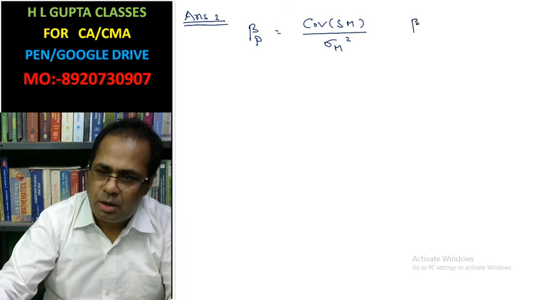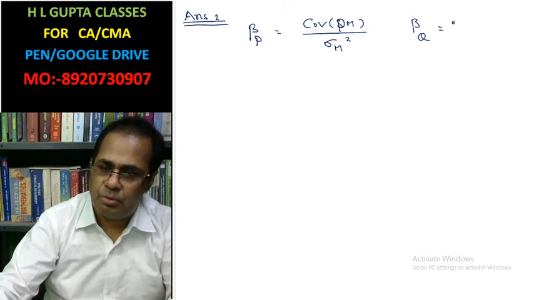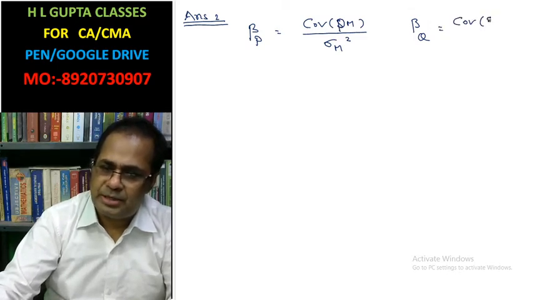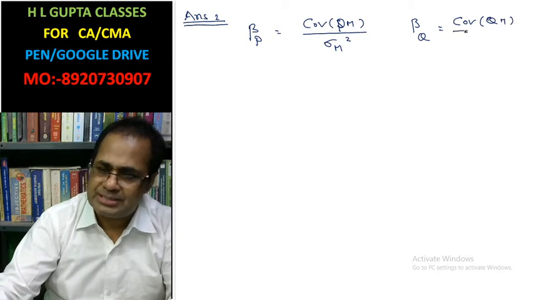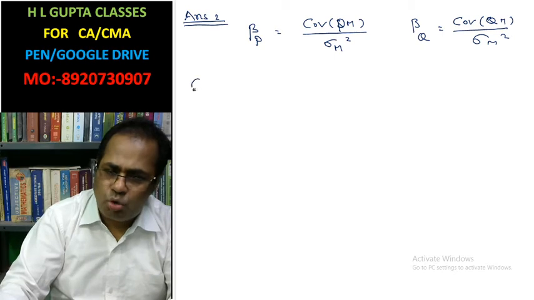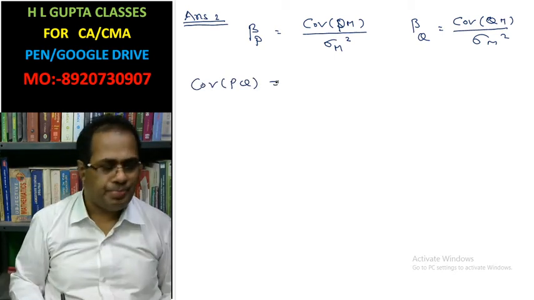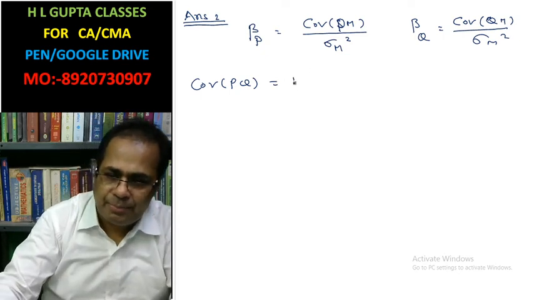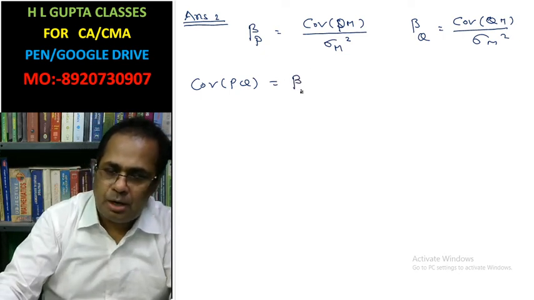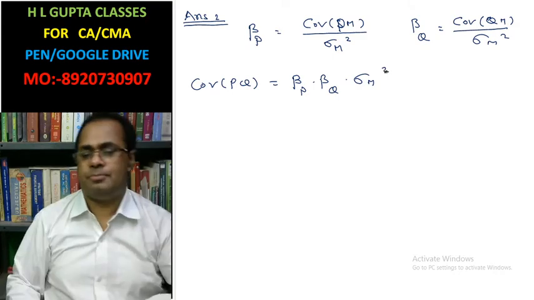Similarly, beta of Q is the covariance of Q and market, divided by the standard deviation of market squared. Suppose you want to write the covariance between P and Q. In this case, what formula is applied? You will apply beta of P times beta of Q times the standard deviation of market squared.